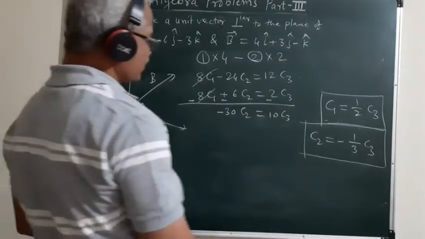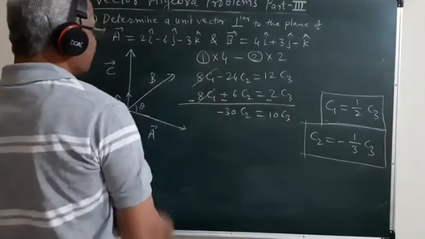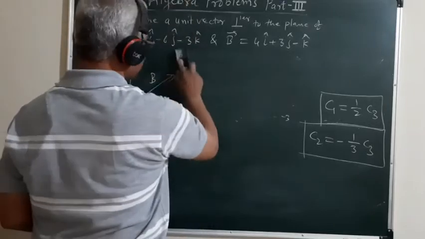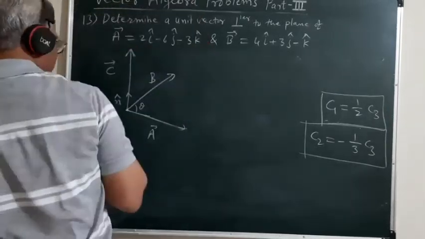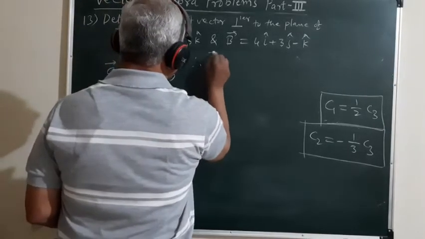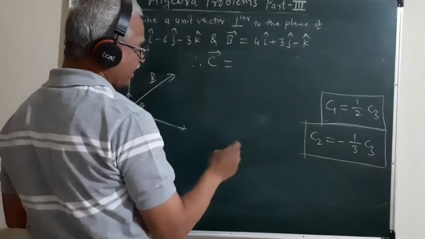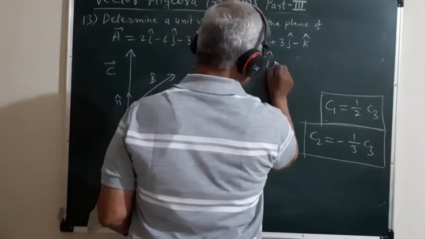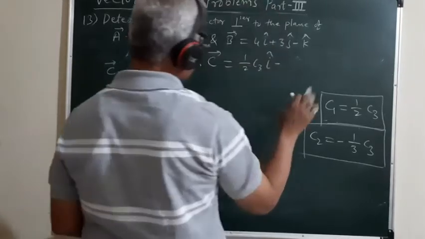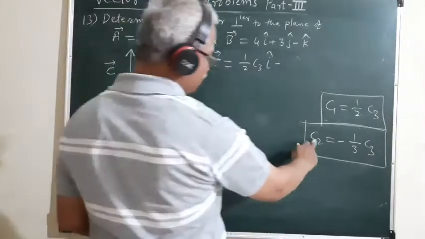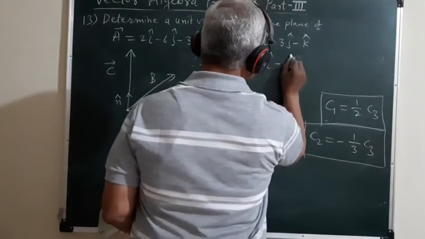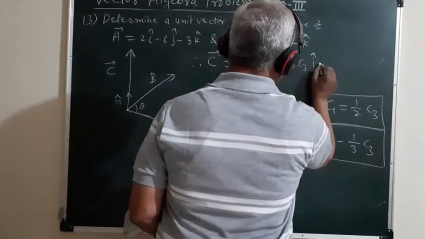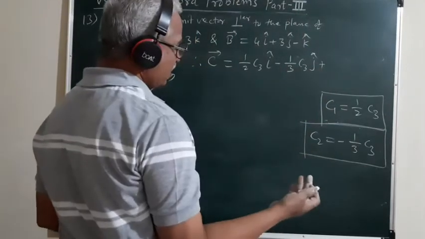And using these expressions for C1 and C2 in the expression for C bar, we get C bar is equal to C1 i cap, where C1 is 1/2 C3, so 1/2 C3 i cap, plus C2 j cap, and C2 is equal to minus 1 by 3 C3, so minus 1 by 3 C3 j cap, plus C3 k cap.